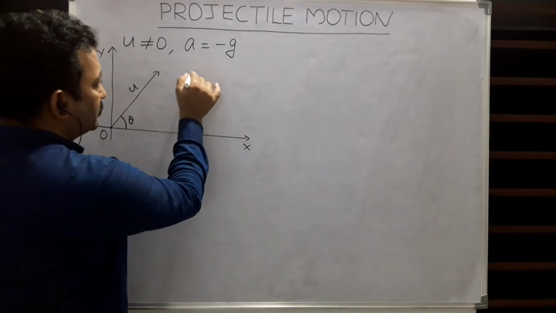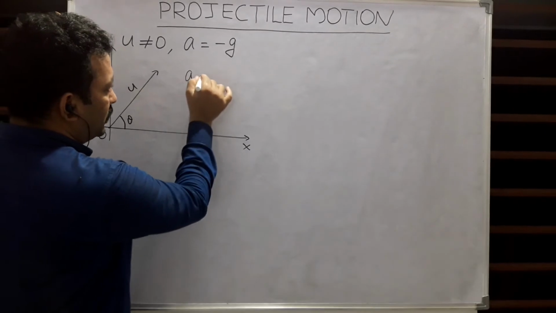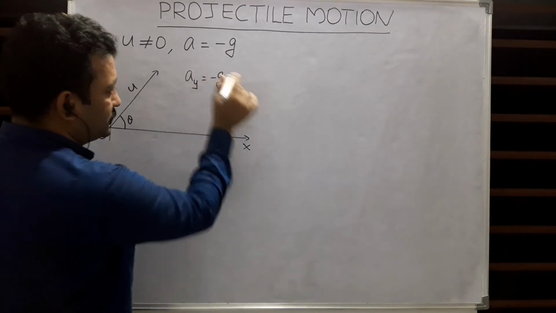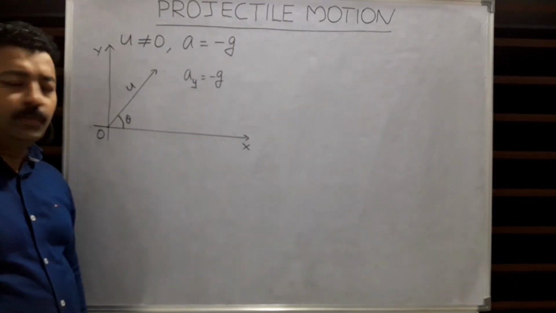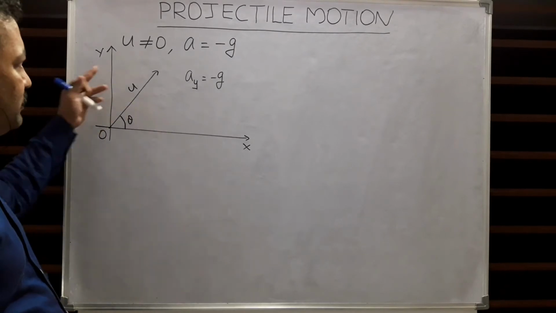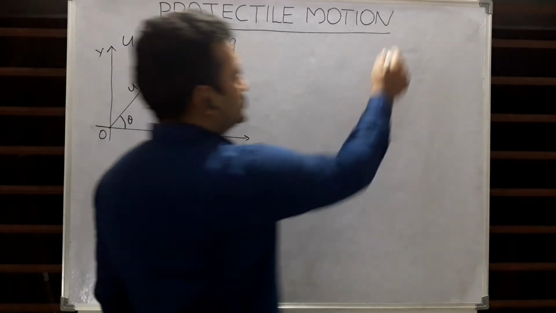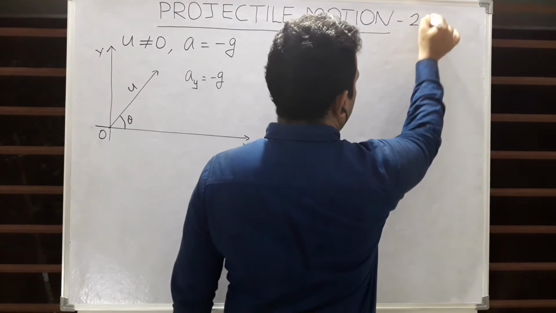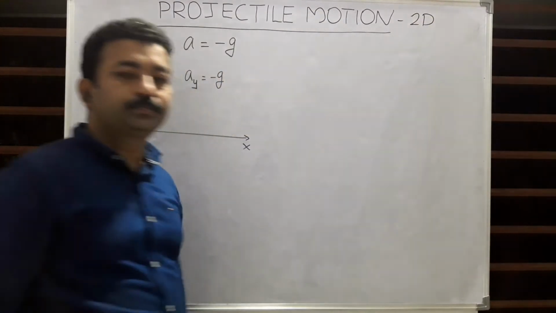This is moving under gravity, so ay is equal to minus g. As I said, this is a motion along a plane, and we are studying this as an example of a two-dimensional motion.